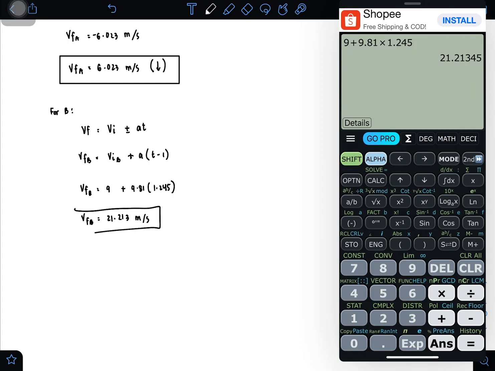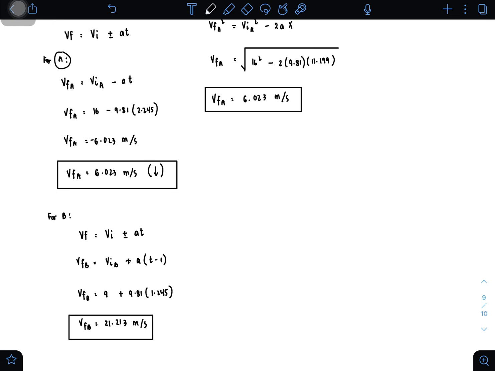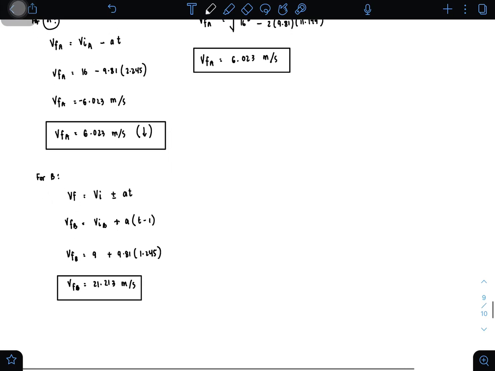So as you can see, the initial velocity of B is 9, then its final became 21, meaning its velocity is increasing. However, for final velocity of A, it went from 16, then became just 6, meaning there is a decrease in velocity, because it goes against gravity, so it decreases.